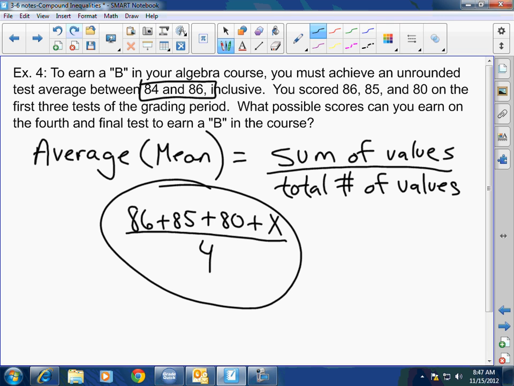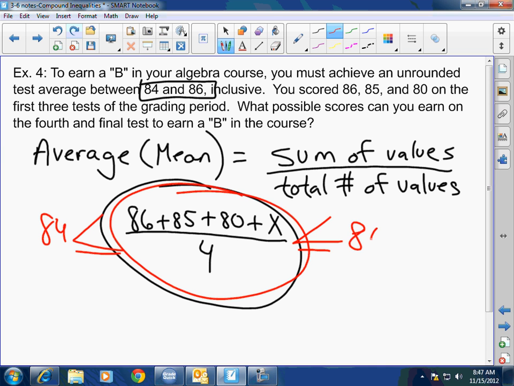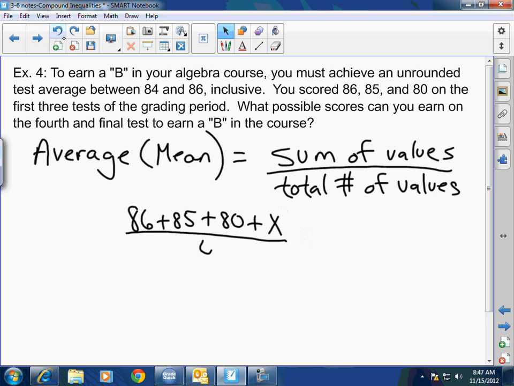So don't we want this average right here to be greater than or equal to 84, and also less than or equal to 86? Does that help, my brother? Does that make sense to everybody?